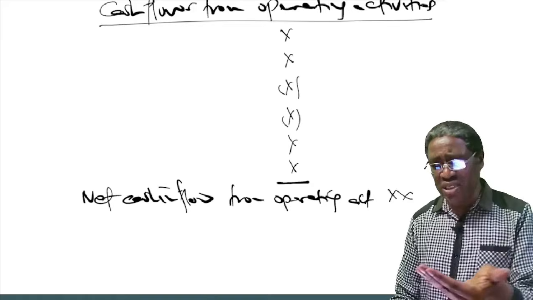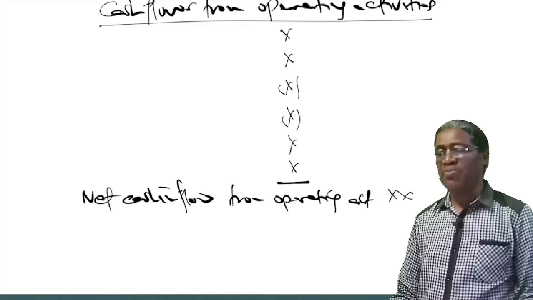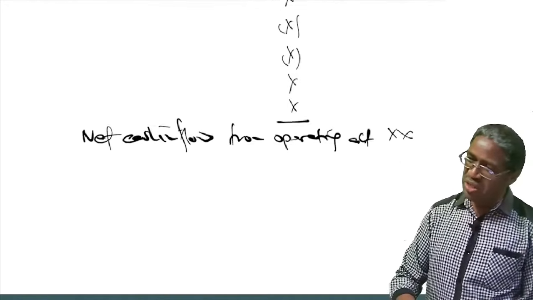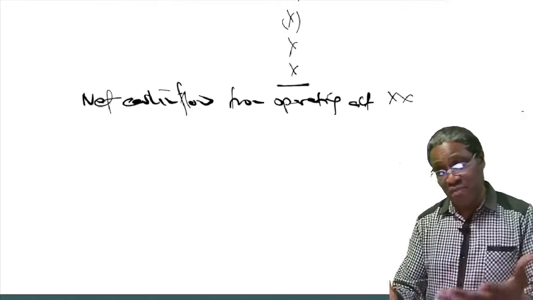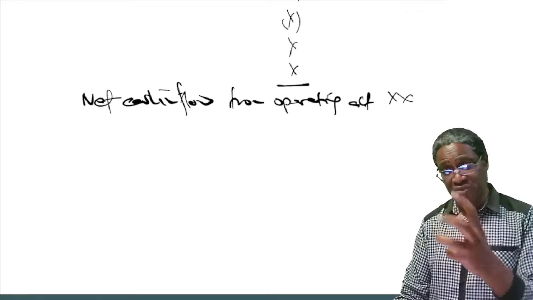If it's a negative, you used to call it net cash outflow from operating activities. Good. I'm assuming you have identified all your cash flows from operating activities.